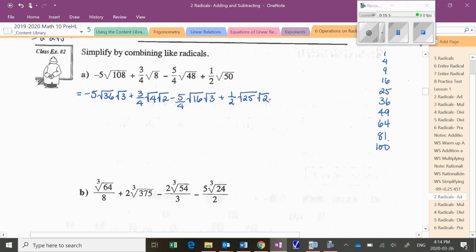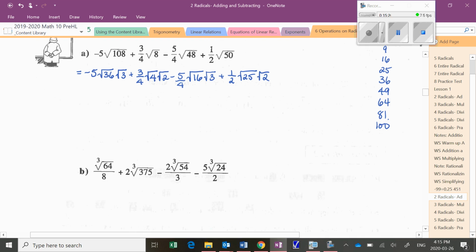So again, if that 108 had you stumped, start with some of the other ones that you know for sure, and they give you an idea of where you can go and what the radicand might be in the end.